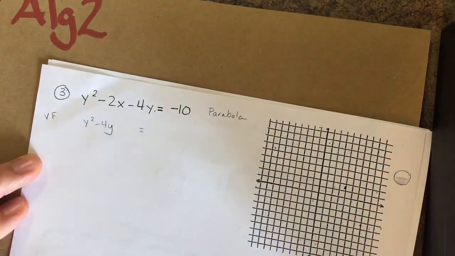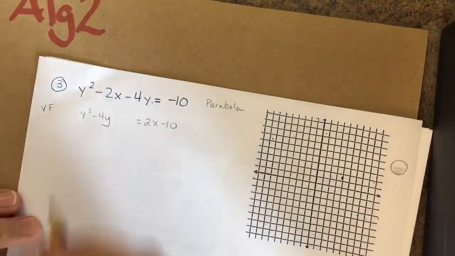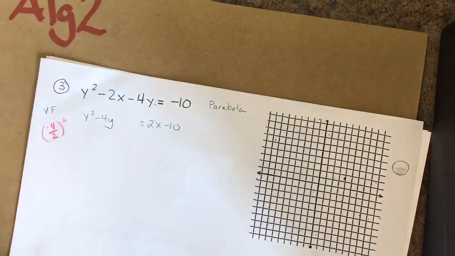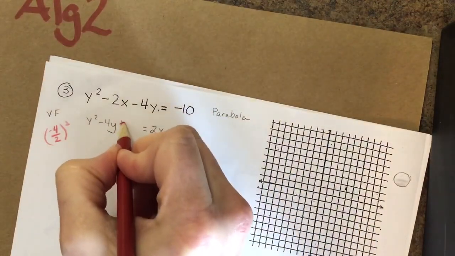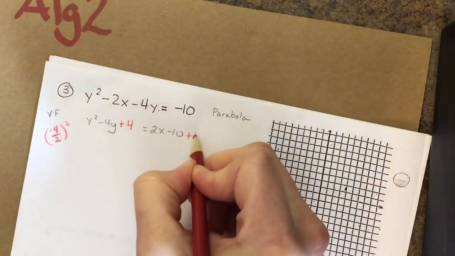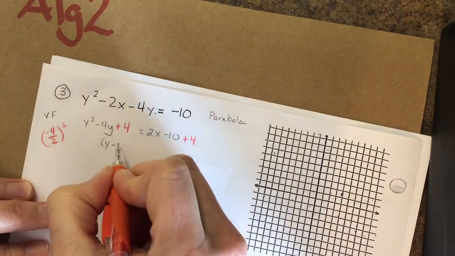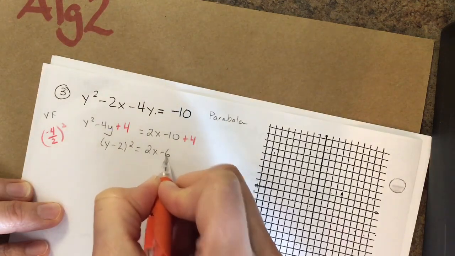Leave a spot, I'm going to complete the square, then I add 2x over to the other side. What do I do to complete the square? I'm going to take -4 divided by 2 and square it. Well, that means I'm going to add what? +4. And I've got y minus 2, the quantity squared, equals 2x minus 6.